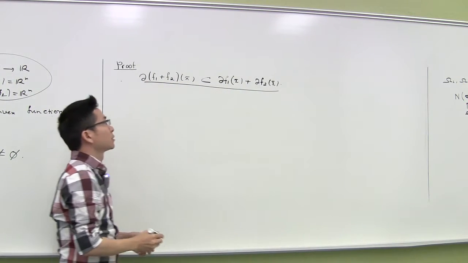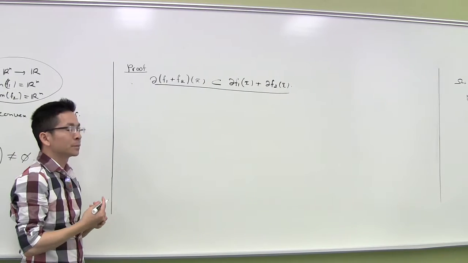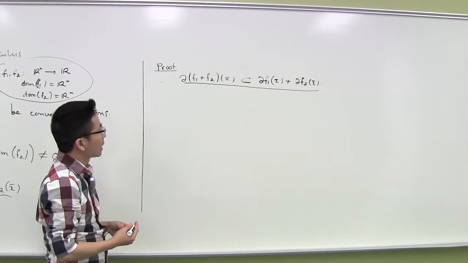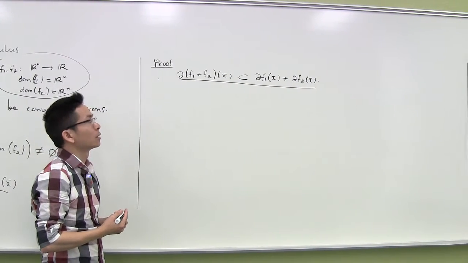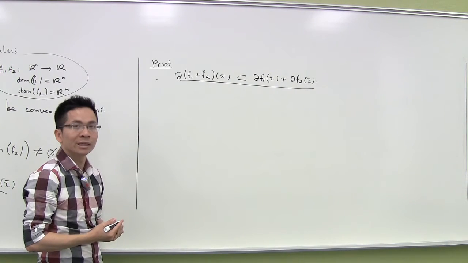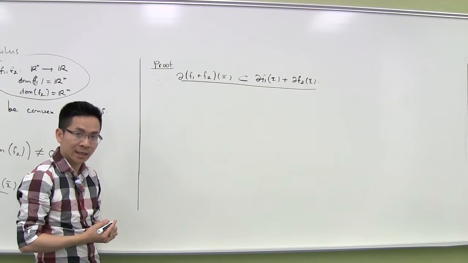This is rather involved, and the proof is based on the normal cone intersection rule for convex sets.